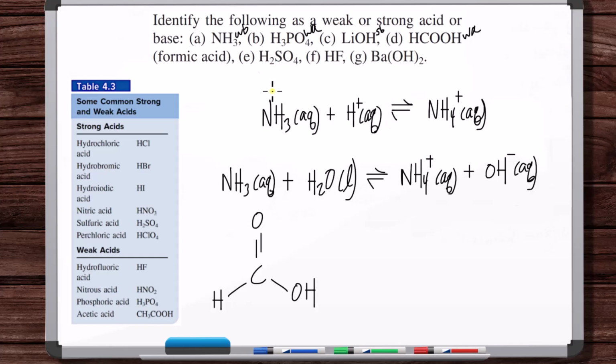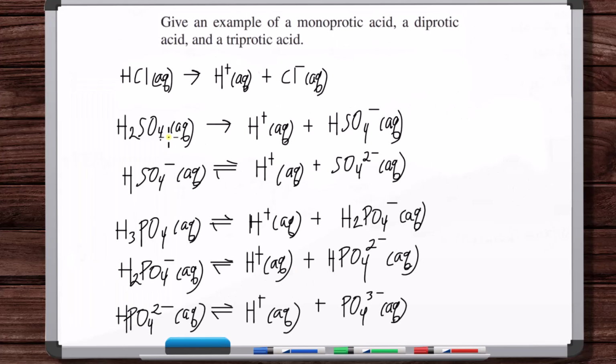Okay, H2SO4, sulfuric acid. We can see here in the table, sulfuric acid is a strong acid, but we saw that sulfuric acid is diprotic, right? But now the second dissociation is a weak process, but that's referring to how this is a weak acid. But the H2SO4 itself is a strong acid.